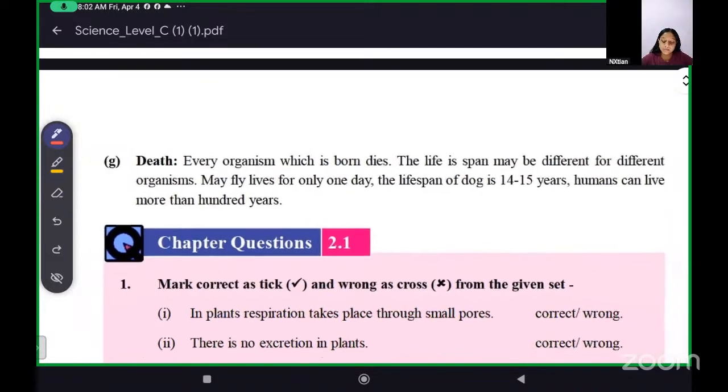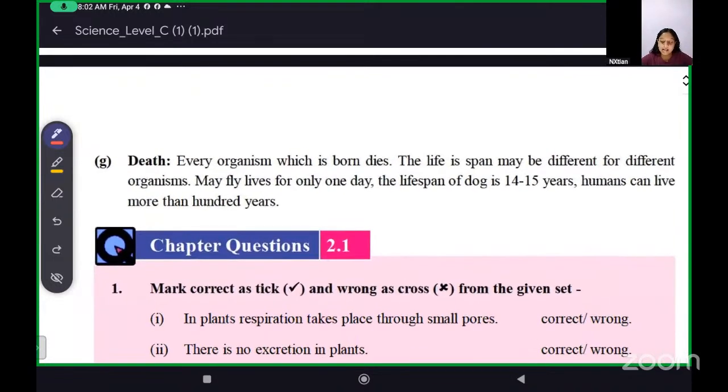Every organism which is born dies. The lifespan may be different for different organisms. Some flies live only for one day. A dog lives 14 to 15 years. Humans can live 70, 80, sometimes 90 years, even up to 100.